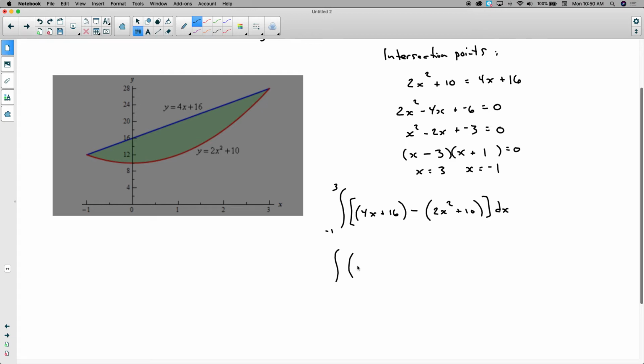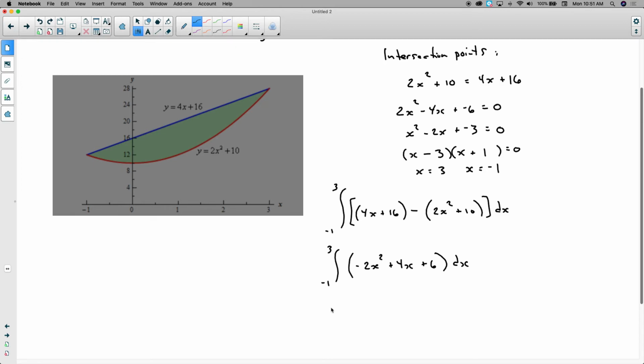Okay, so let's see, we've got minus 2x squared, and we've got a 4x, and we've got 6 when we combine those and order them up the way I like. Okay, so now we'll use the fundamental theorem of calculus and find the area.